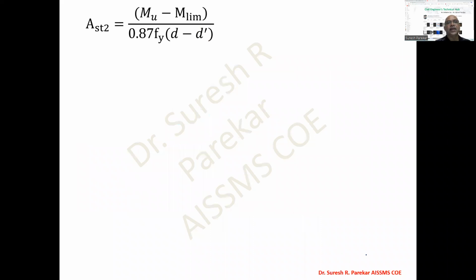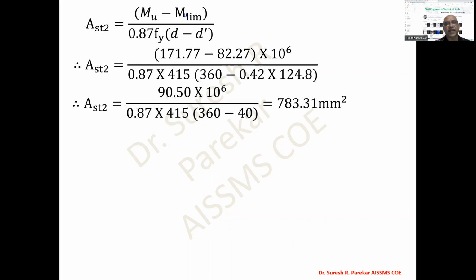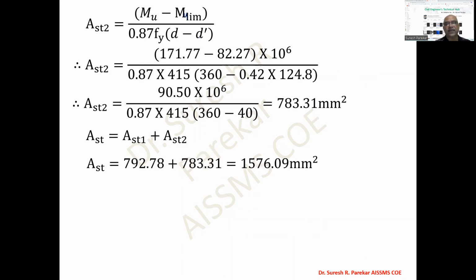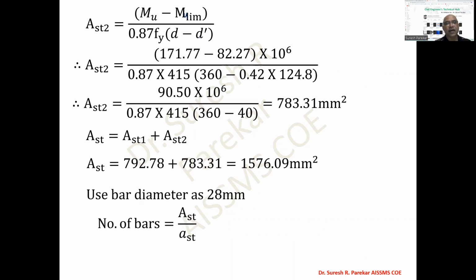Now Ast1 we got as 792.78 mm square. Then Ast2 we know is again Mu minus Mu limit divided by 0.87 fyd minus d dash. Now from this we will get the value of Ast2, and then we will find the value of Ast as 1576.09 millimeters square. Now if we go for 28 mm diameter bar, then this value comes actually 2.55.